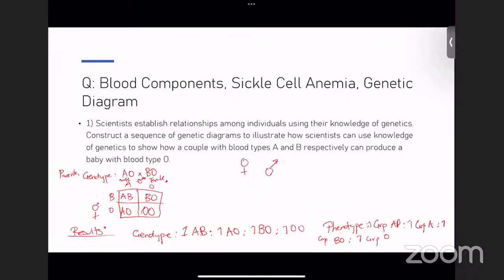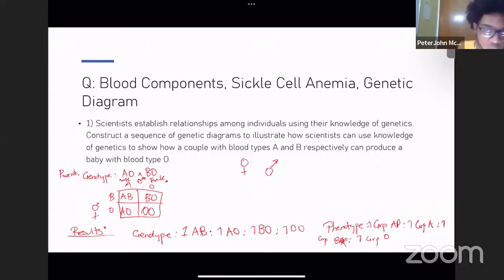Honestly, it's not BO, it's just B. BO and B are the same thing, by the way. BO, BB, same thing. It's blood group B. BO is the genotype. B is the phenotype. So how did the two parents produce a child with blood type O? They each had to be AO and BO, right?